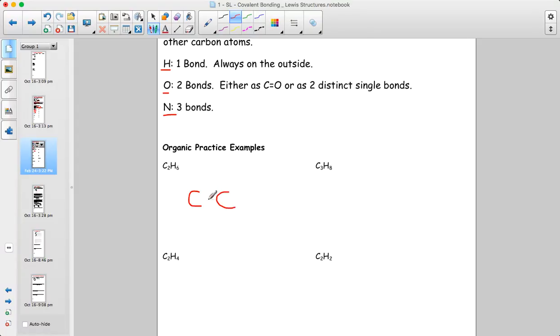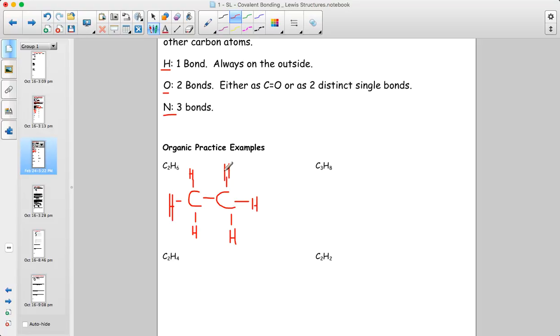So I would draw the 2 carbon atoms and start off by connecting them with 1 bond. And then if there's 6 hydrogens, probably logically going to be 3 for each carbon. So 1, 2, 3, 1, 2, 3. And now I can see that each carbon has the 4 bonds that it normally makes. Every hydrogen is going to have the 1 bond, and so I'm done. So the organic ones, although they start off looking complicated, are actually going to be some of the simplest structures that we have to draw.